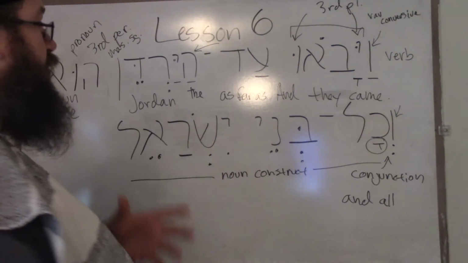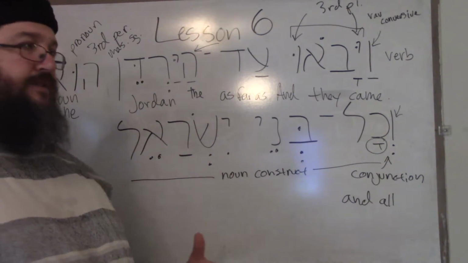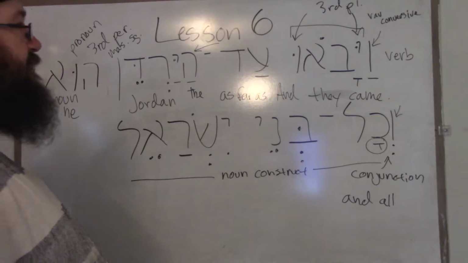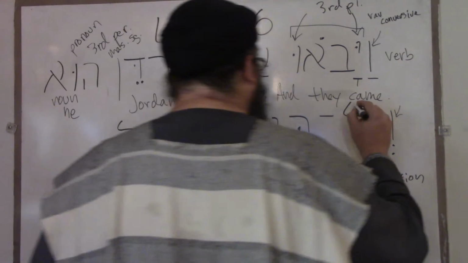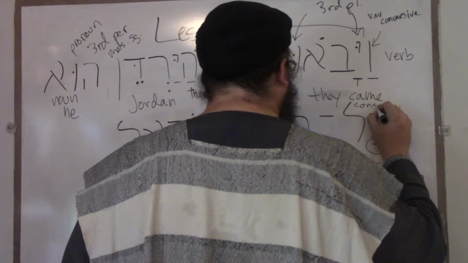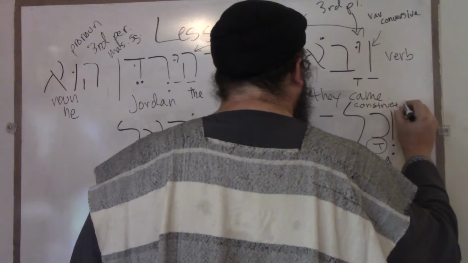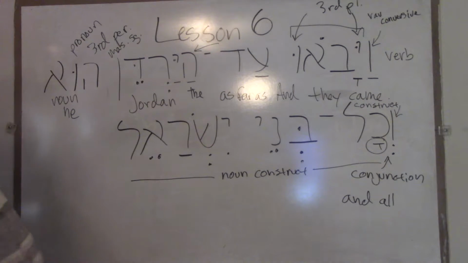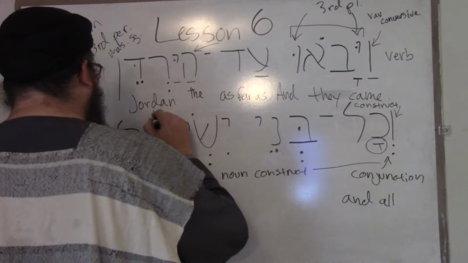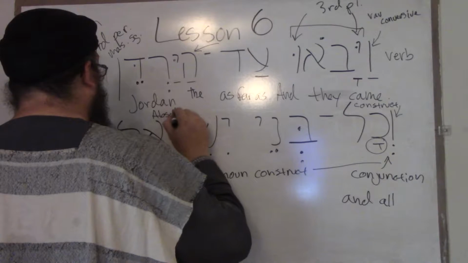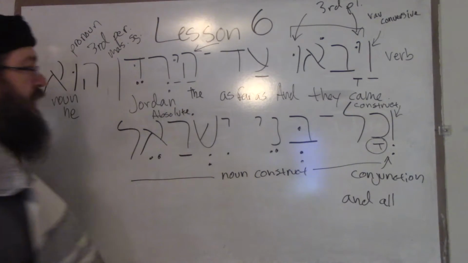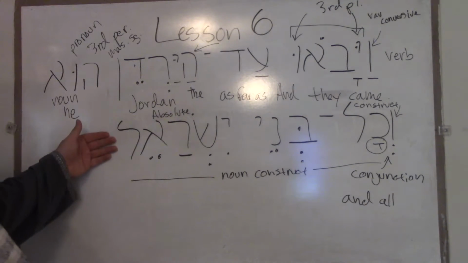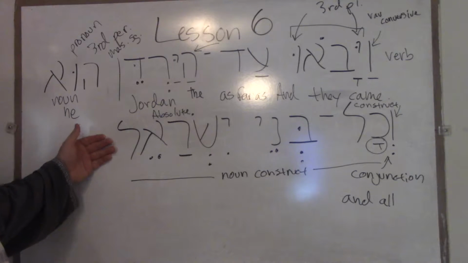And so we have a three noun construct that's taking place here, which means this is our construct state, the first one. So the construct one is going to be the first noun. And of course, lastly, we're going to have the absolute. Okay? And in this case, the absolute is the word Israel, which is a proper noun.